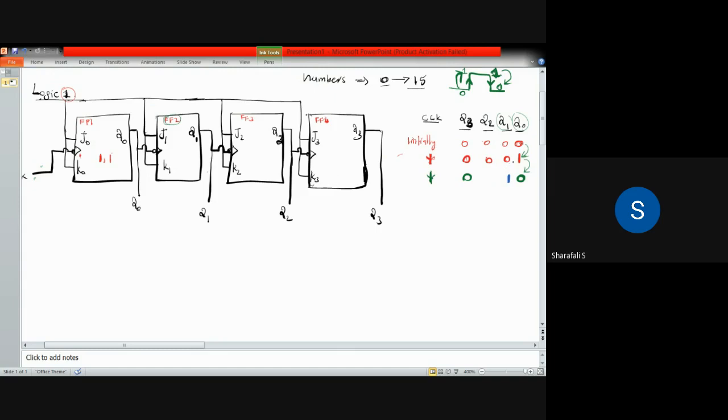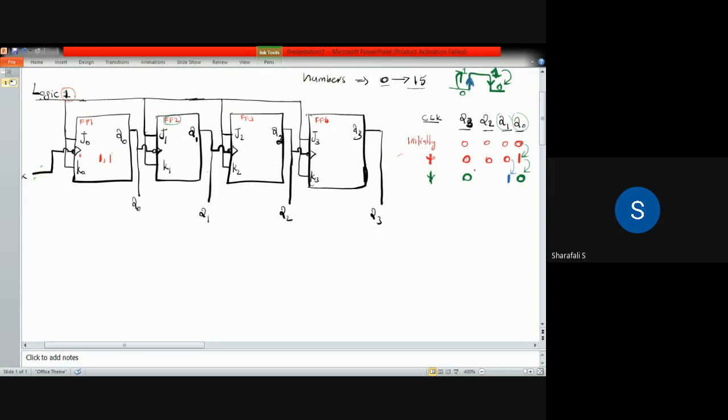Considering the third flip-flop, the clock pulse is given by the output of the second flip-flop, that is Q1, and Q1 is changing from 0 to 1, which means it is at the positive edge of the clock pulse of the third flip-flop.